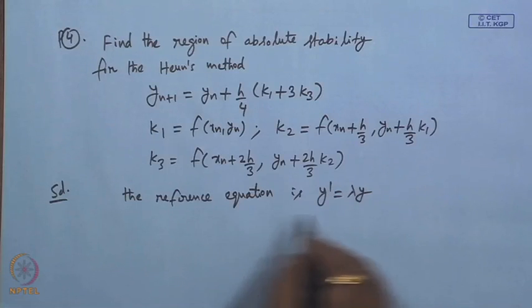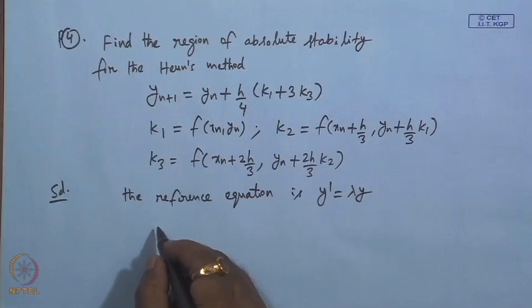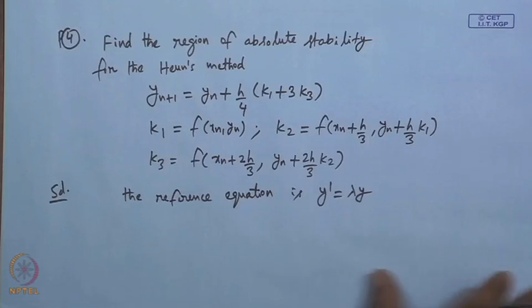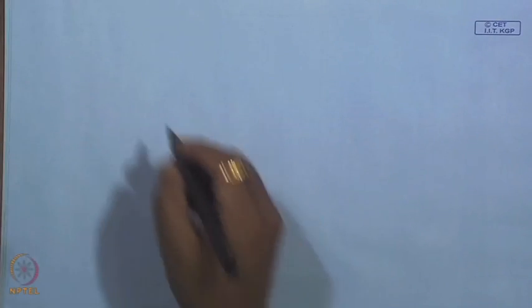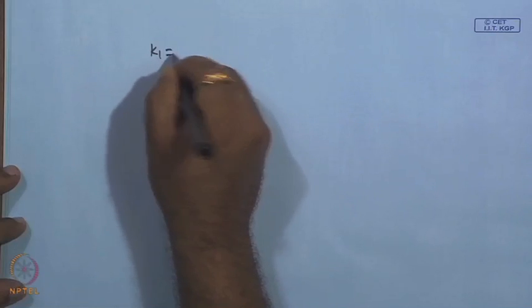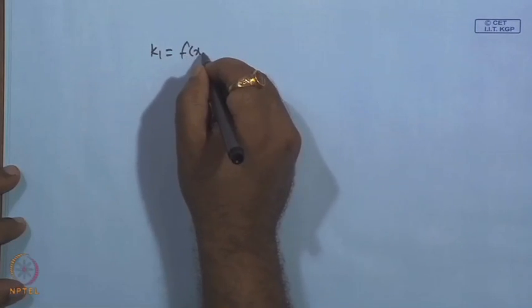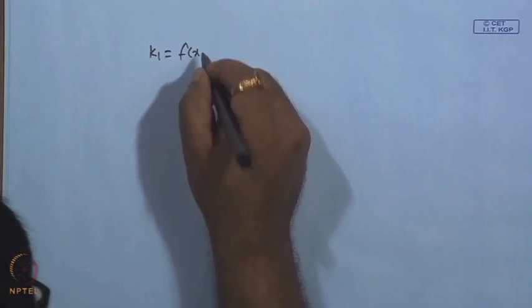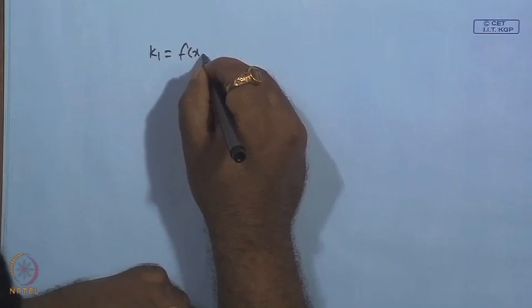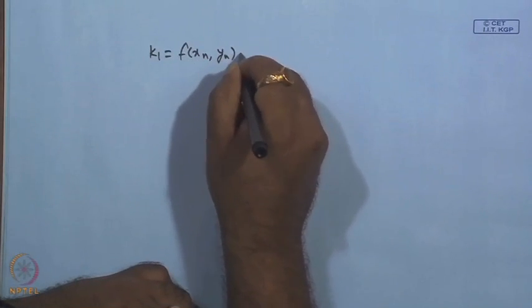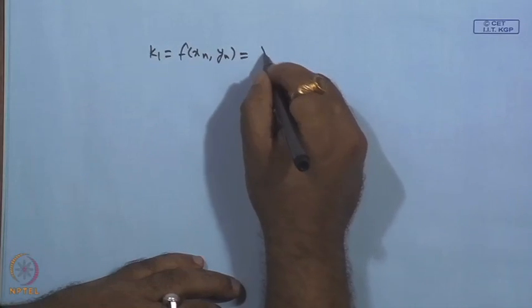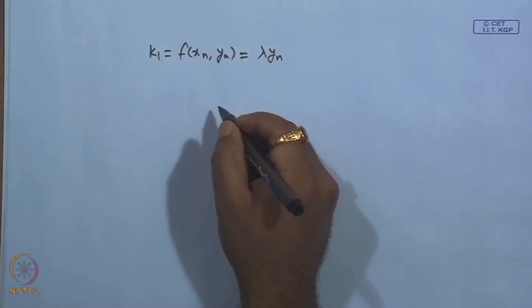Let us work out k 1, which is f of x n, y n, which is lambda y n.